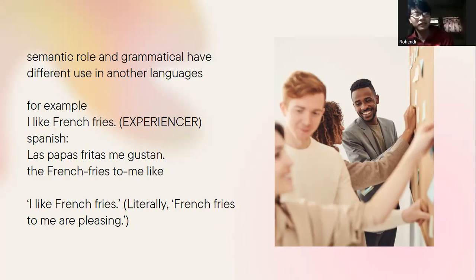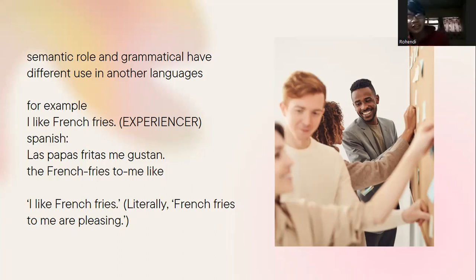Kalau di Spanishnya itu las papas fritas me gustan gitu kan. Nah kalau di Inggrisnya the French fries to me like gitu kan. Nah me-nya ini malah menjadi, kan harusnya experiencer ini to me like gitu kan. It can be patient ya.